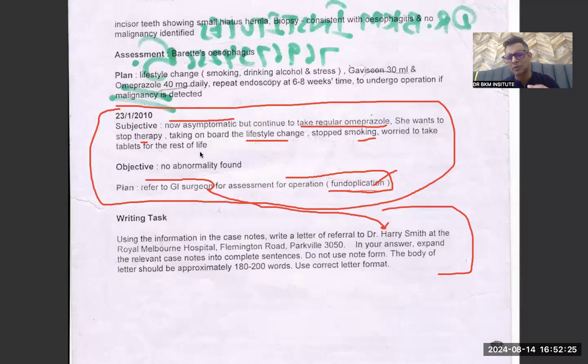That is the problem. Omeprazole is keeping her better. She has improved, but now the problem is that she doesn't want to take omeprazole. Maybe that is why, again, I don't know, because I am a dentist. I am not very good with this. Even now, I do not know. But yes, the main purpose is assessment of operation, that is fund application.